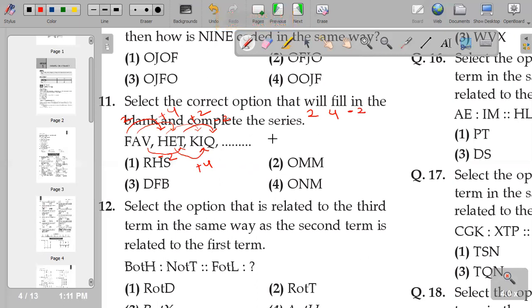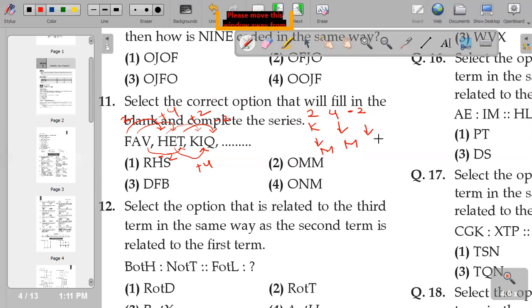So again, what will happen? K, when we add 2, it will become M: K, L, M. Good. Next, plus 4: I, J, K, L, M, it will become M. Good.